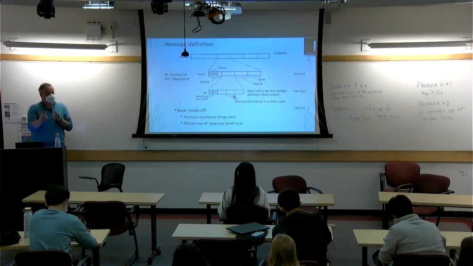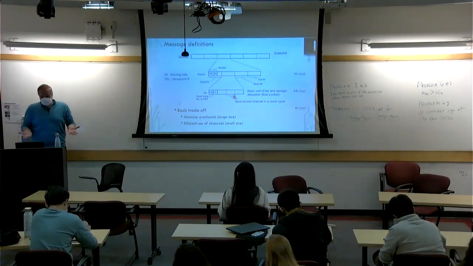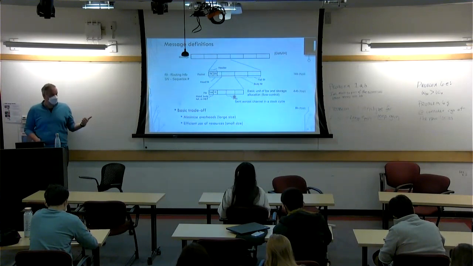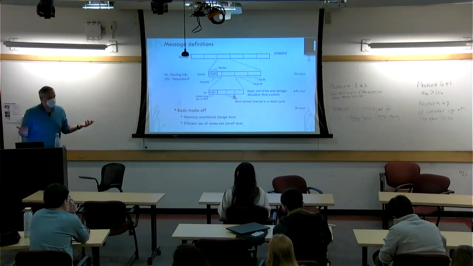We call that a channel. So if you have, let's say, 32 wires, it doesn't make sense to send only 8 bits on these 32 wires. You might as well declare either a fit to be 32 bits, or say, oh, my flit is going to be 32 bits, and I'm done, right?